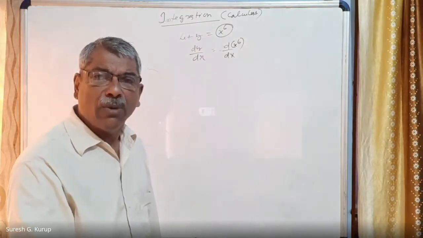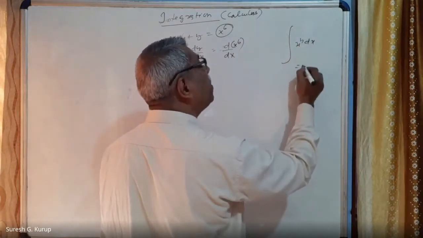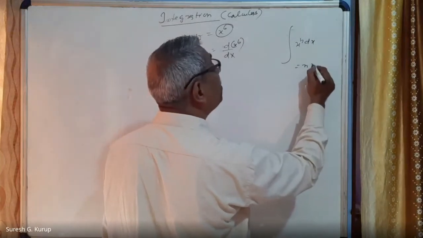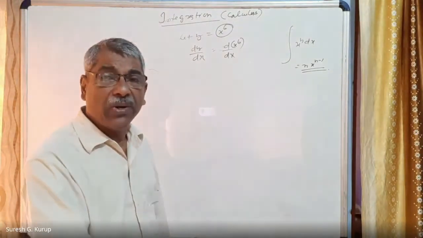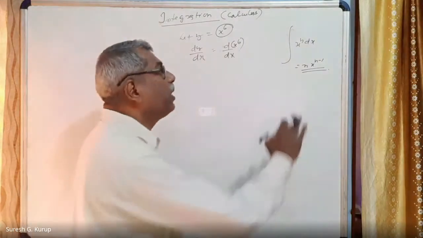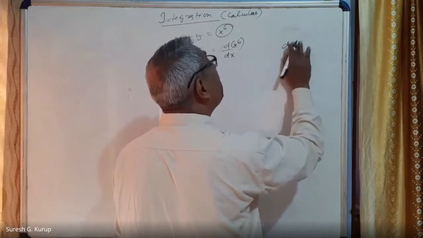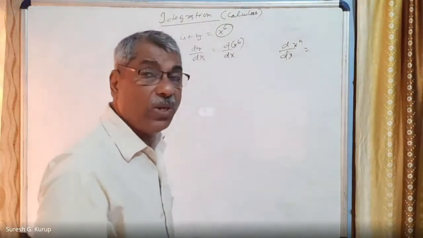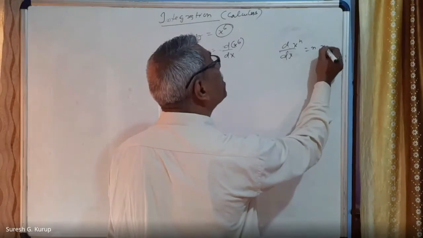So this is in the form of x raised to n. Yesterday we said d by dx of x raised to n is equal to n into x raised to n minus 1.